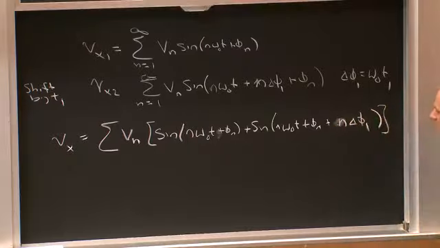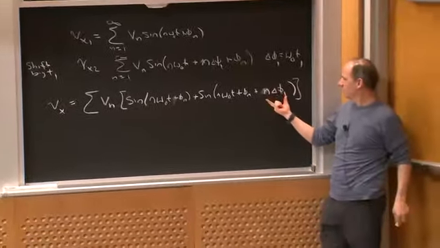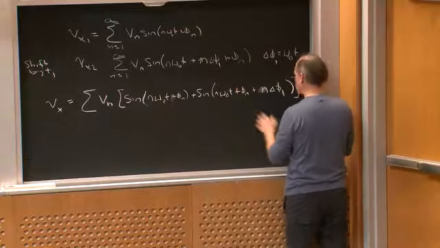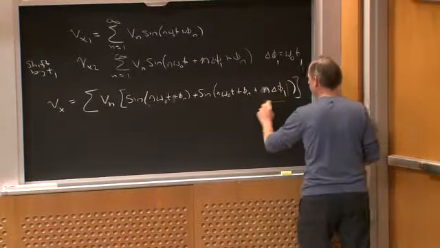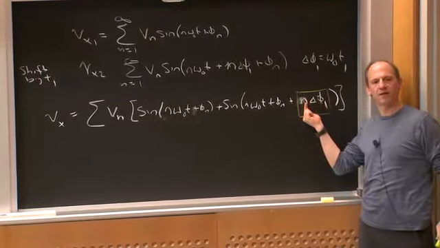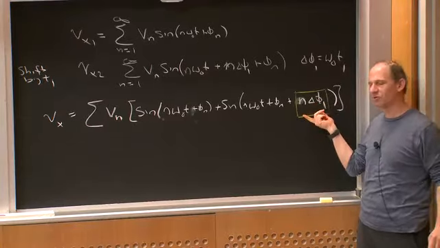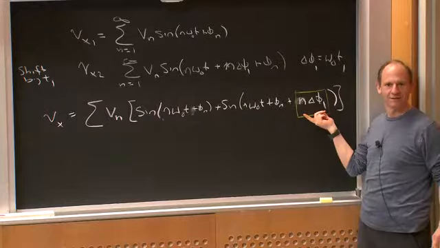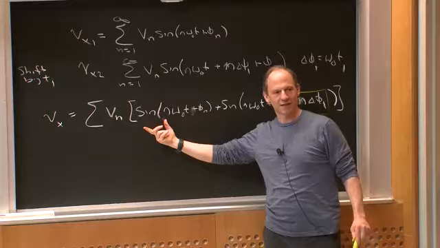What happens if the phase difference between this waveform and this waveform is precisely n delta phi 1? At each harmonic, the nth harmonic has a phase shift that's n times delta phi 1. Well, what happens when n delta phi 1 is pi, or 180 degrees? What's going to happen? This is going to be 180 degrees out of phase, and they're going to cancel.